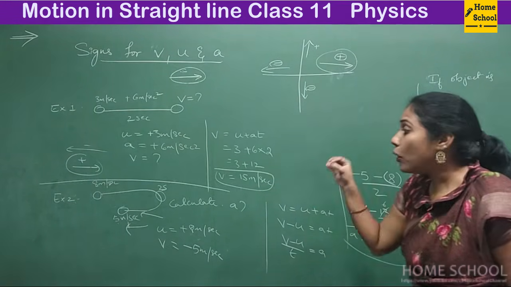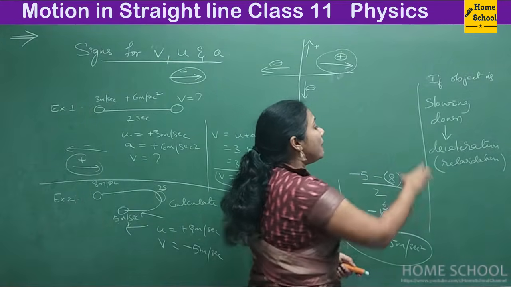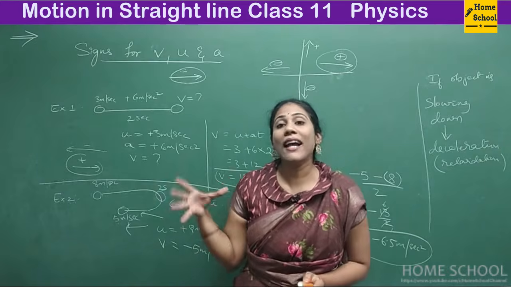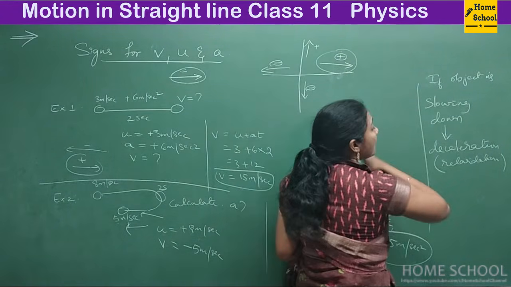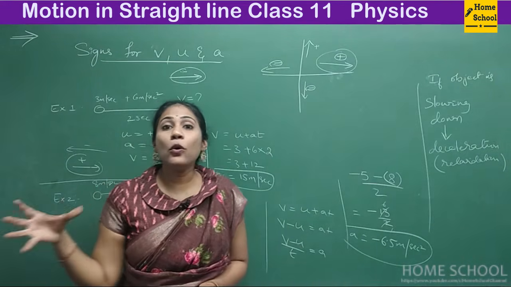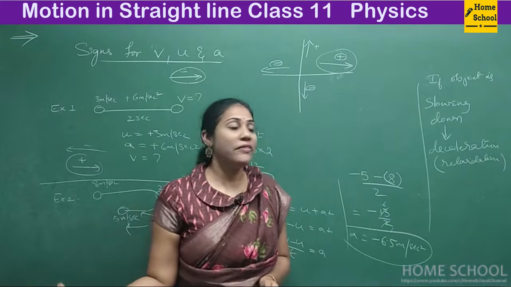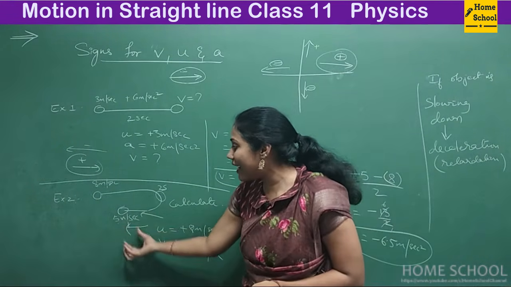Deceleration means what? Object is slowing down. Okay, so that is what we mean by retardation. So what I wanted to tell you is negative acceleration does not mean deceleration. Okay, so that negative sign will only tell you about the direction. Whereas I can say here the object is decelerating, retarding. Why?